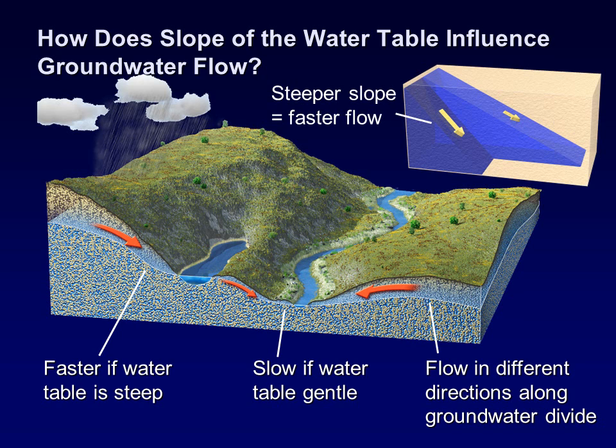And something like input and output can affect flow as well. If you put in a well here and you're pumping all the water out, then you can change the direction of flow. You can temporarily stop the flow. So rainfall or pumping groundwater can change it as well.